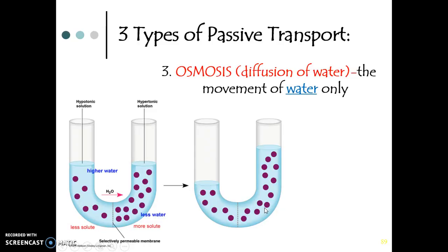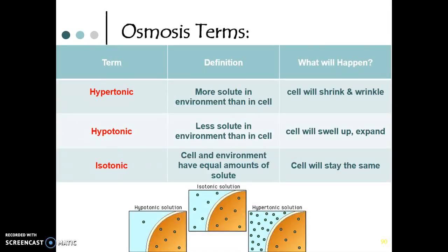Now, osmosis comes with some new vocabulary words. These words are all on your word wall, but we're going to go over them together here as well. Okay? I'm going to go ahead and start talking about these. Pause to copy this chart if you need to, if I'm going too fast. Okay, so we've got three terms: hypertonic, hypotonic, and isotonic.